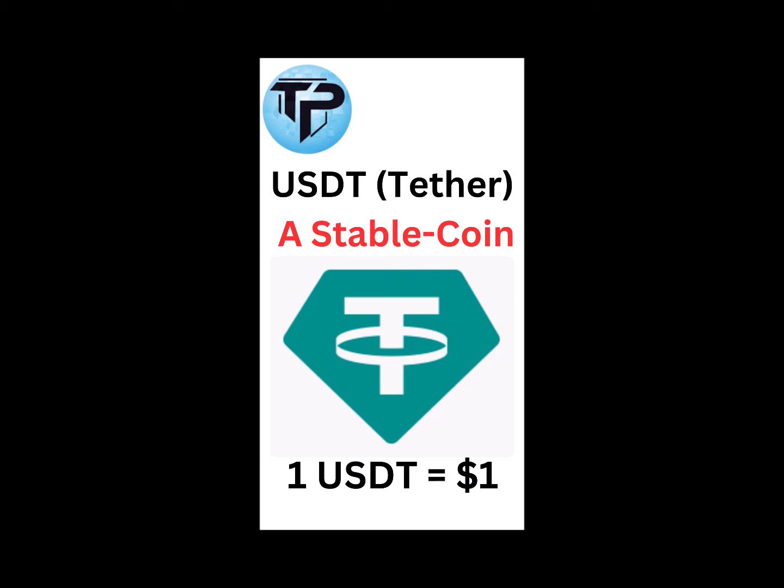Now, cryptocurrencies are notoriously volatile. Normally somebody buys a cryptocurrency like Bitcoin, Ethereum, or whatever, and they're hoping that it's going to go up in price. We are using USDT, otherwise known as Tether, and Tether is a stablecoin. By stablecoin, I mean it is always pegged at the same price as a dollar. One USDT is always worth $1.